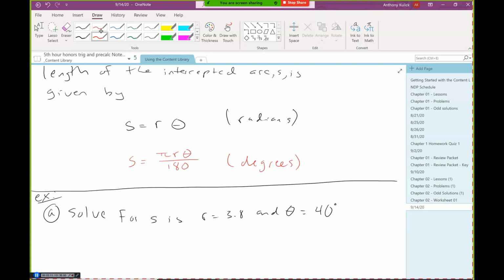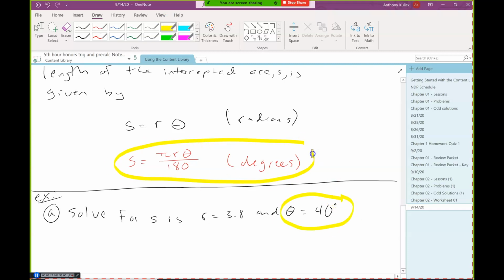Kristen? Yeah, since my angle measures in degrees, I want to use the degrees version. And I forgot to write a unit down for this. Let's say that was inches.